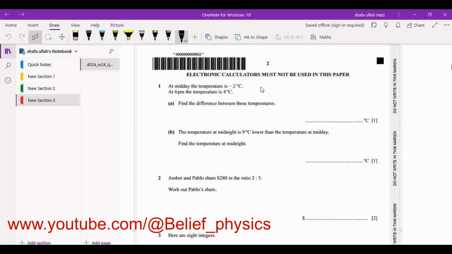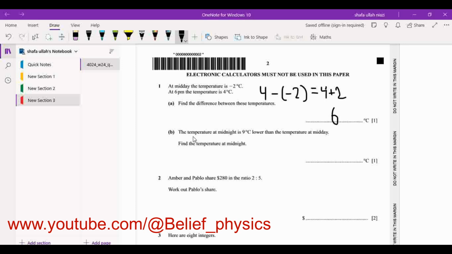The bigger quantity is 4 degrees centigrade, so we write 4 minus -2, and this will be equal to 4 plus 2, so the answer will be 6 degrees centigrade.